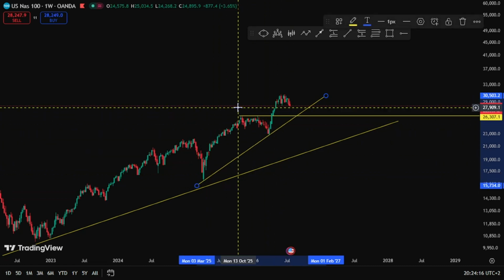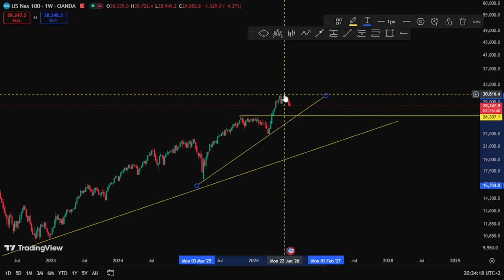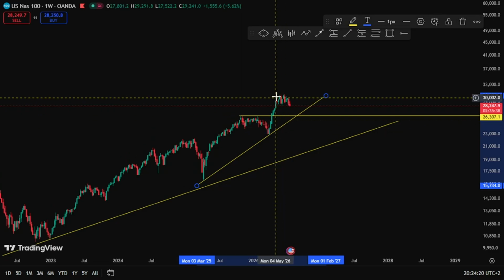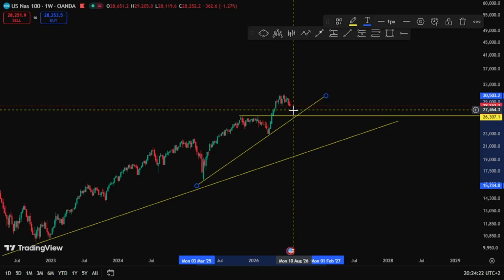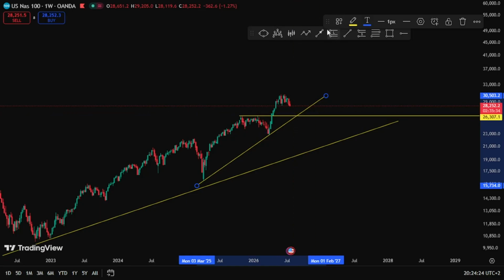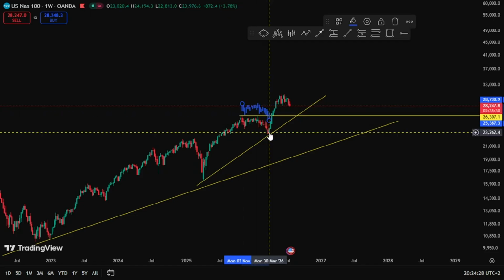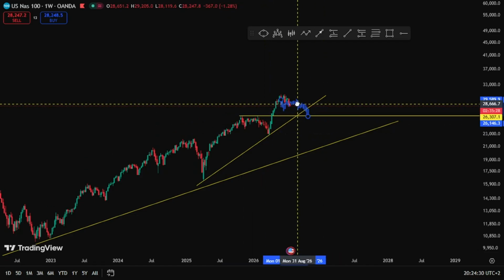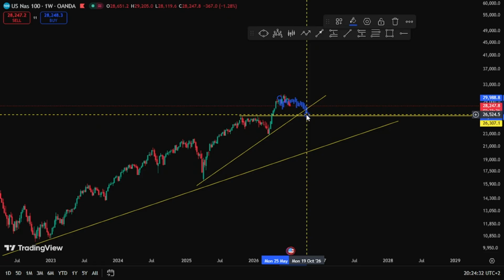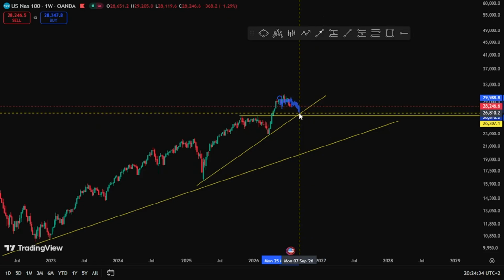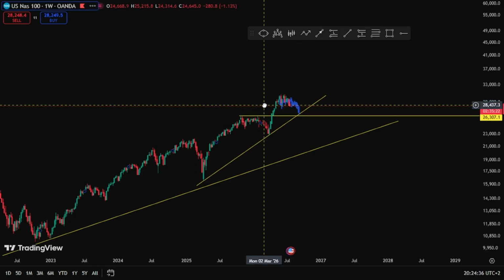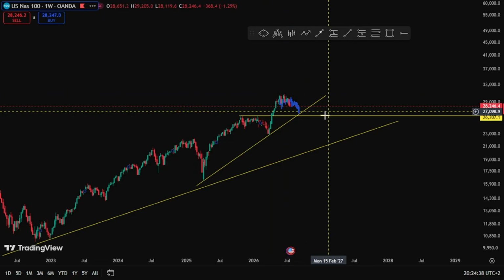Okay, this is what we know: impulse, correction, impulse. Now what phase are we in? We're in our corrective phase. So I wanna see something here. I wanna see something like this. Let me say it happened however it happened here, here, and then back to the upside.